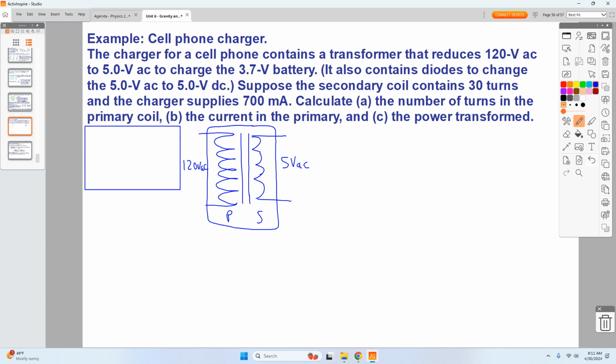Part A, I want to calculate the number of turns in the primary side. So they said N is equal to 30 on the secondary, this is N on the primary, and I want to determine what that value is.